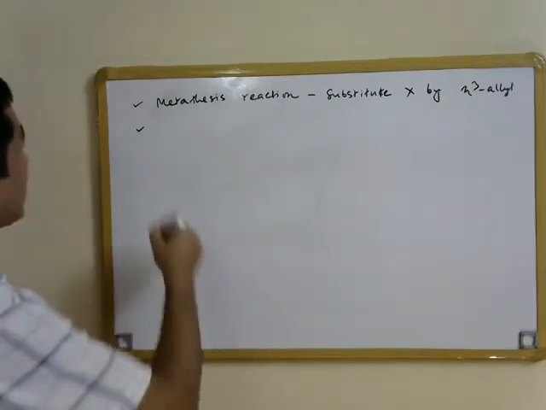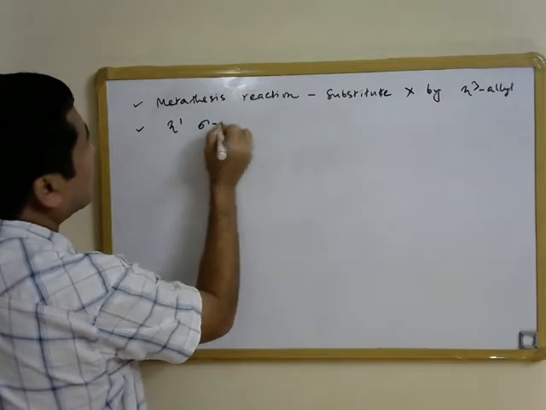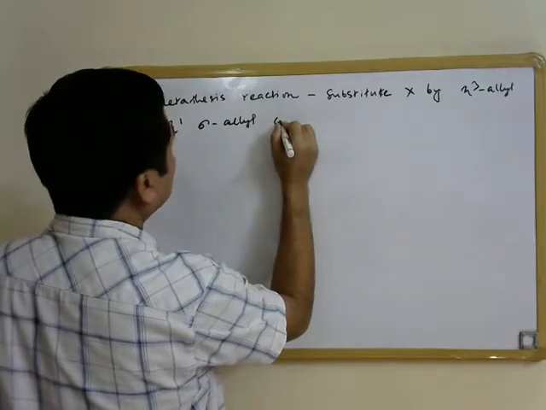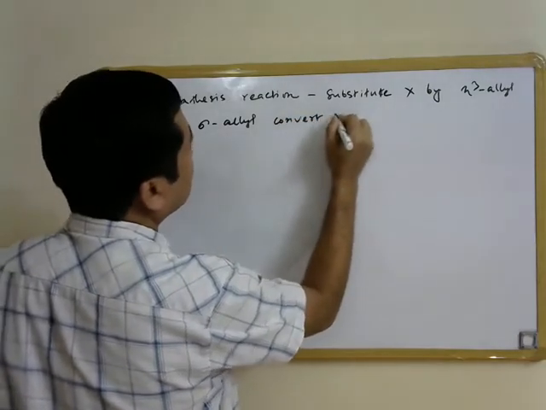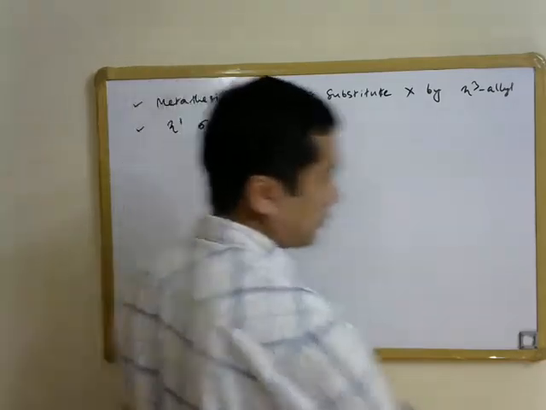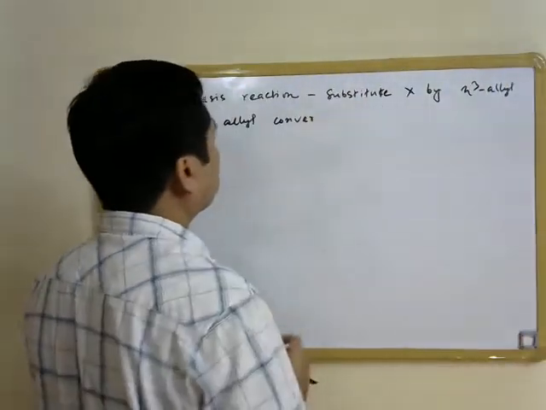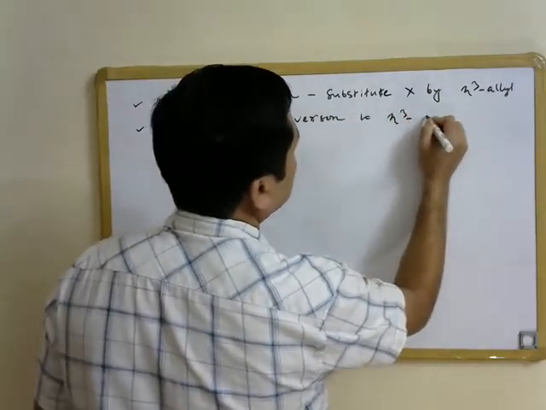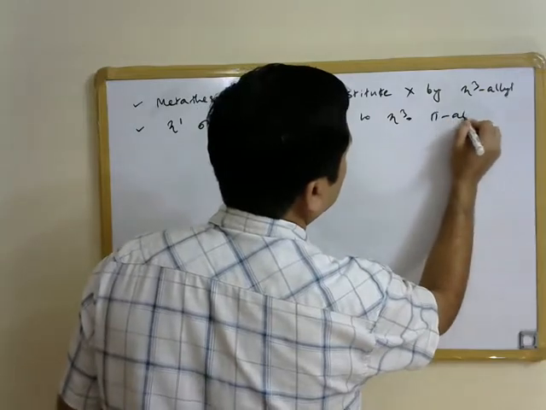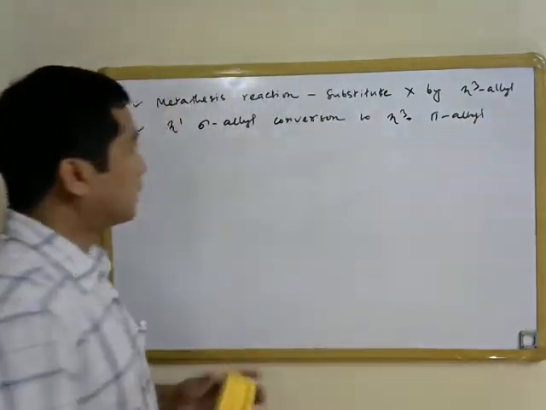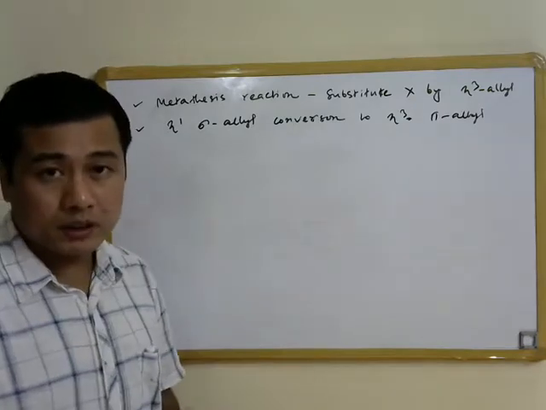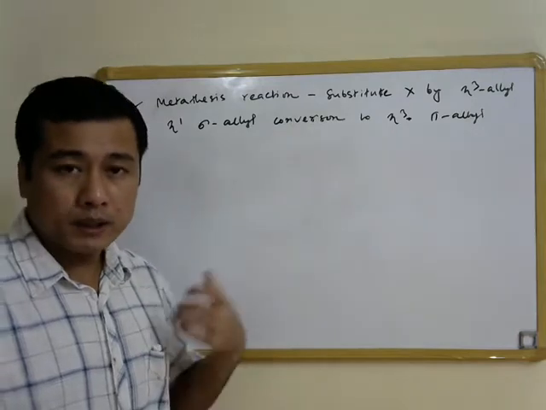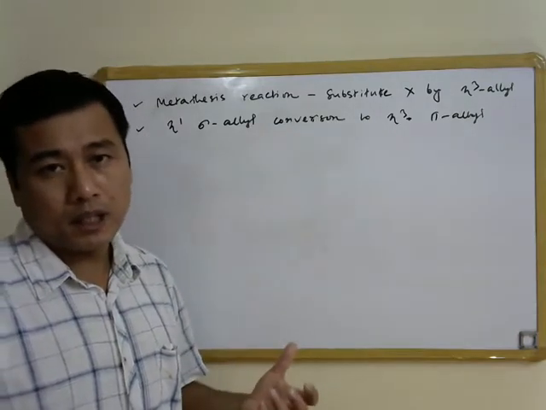So you can take eta 1 sigma allyl complexes and convert them to eta 3 pi allyl complexes. There are several examples of such reactions, where a sigma allyl complex can be transformed into a pi allyl complex.